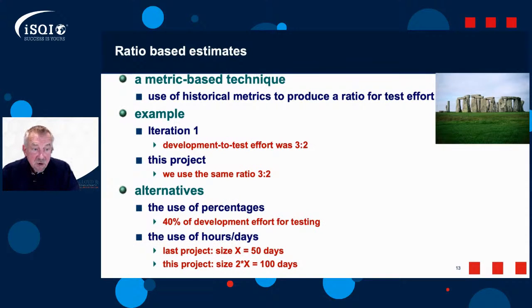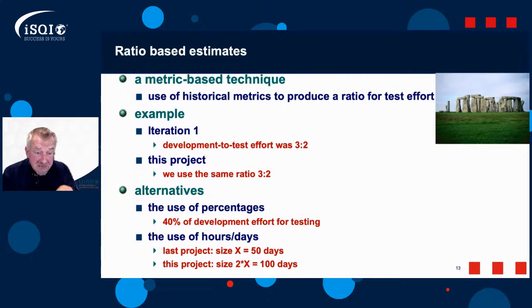Okay. Alternatives, I use this a lot in my day as a test manager. Percentages. I used to use percentage of development effort for testing. Okay, so last project size was X, equals 50 days. This project size is 2 times X, so we're going to use 100 days, as an example. And we might say, well, okay, developers, what did you use?